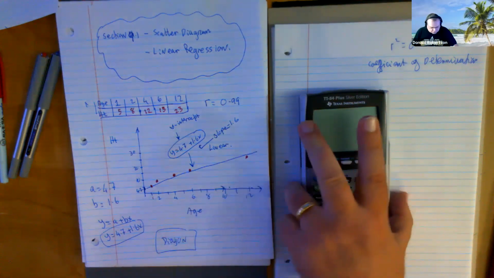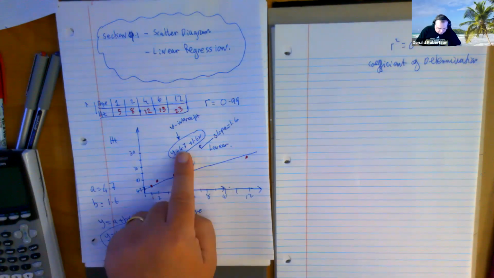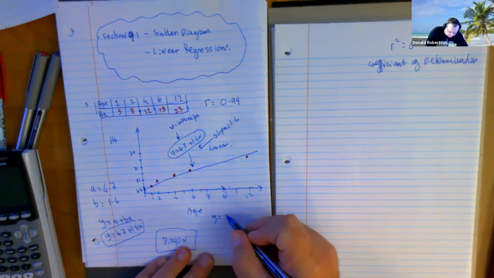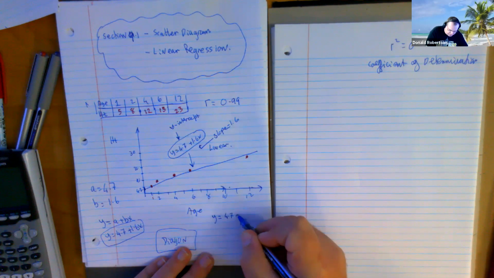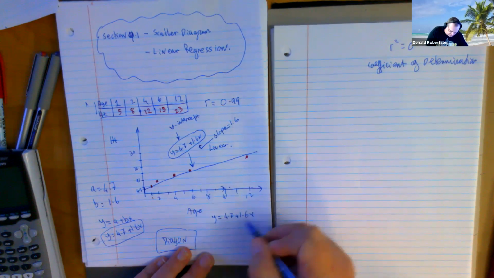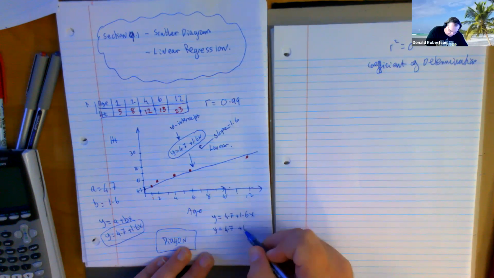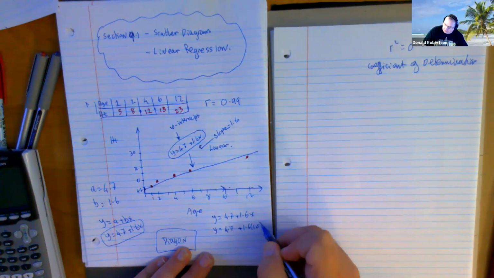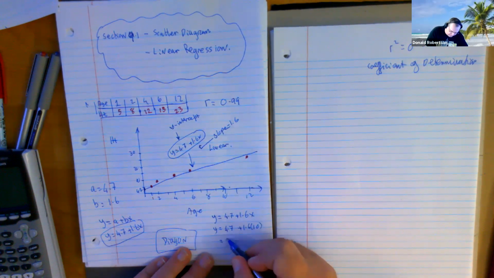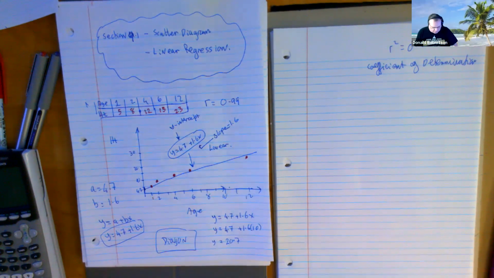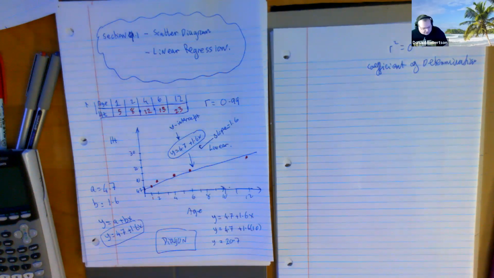Y equals 4.7 plus 1.6x. Y would be 4.7 plus 1.6 times 10 months, and that would be 20.7. So I would predict that at 10 months old, that animal was 20.7 inches tall.